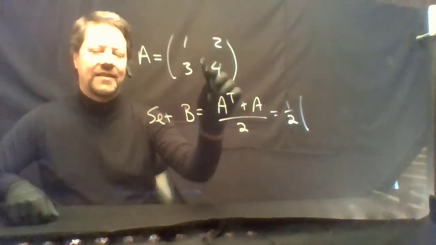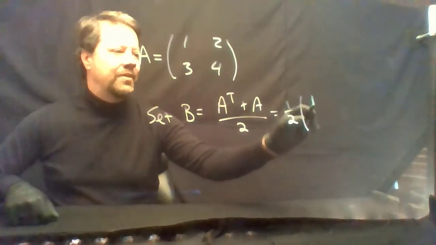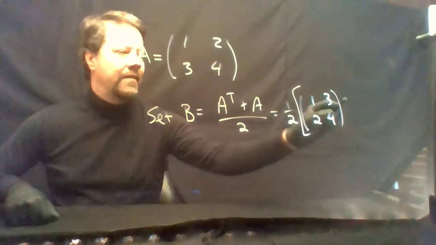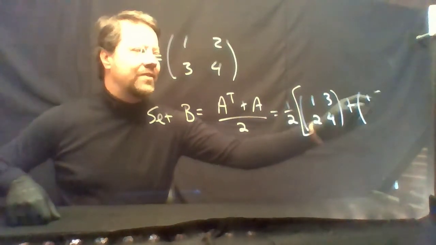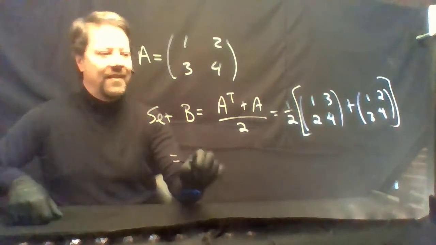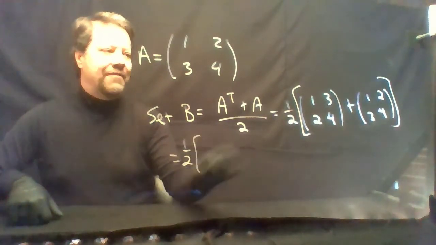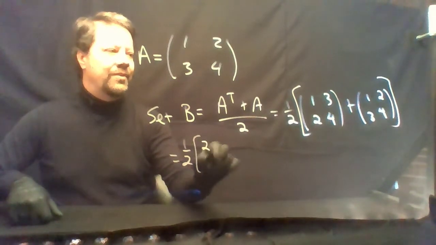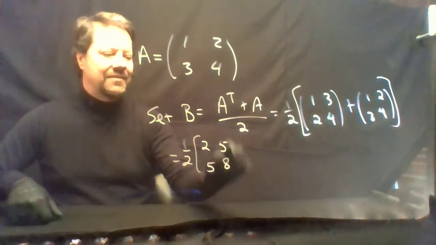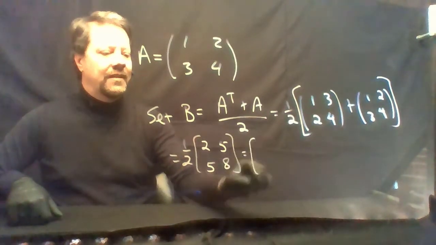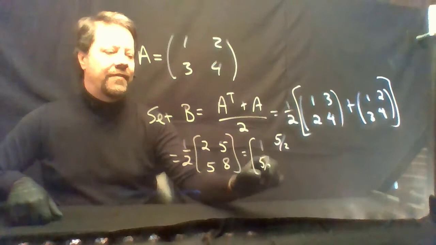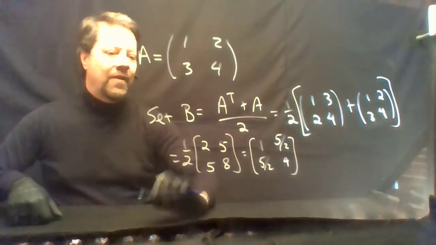I'll get 1/2 times the transpose, 1, 3, 2, 4, plus the original matrix, 1, 2, 3, 4. That's 1/2 times 2, 5, 5, 8. And that gives 1, 5 halves, 5 halves, 4.